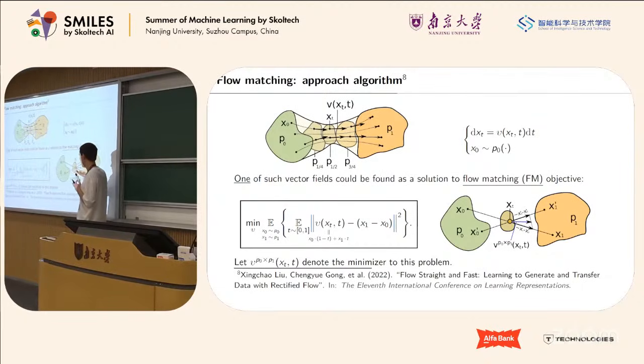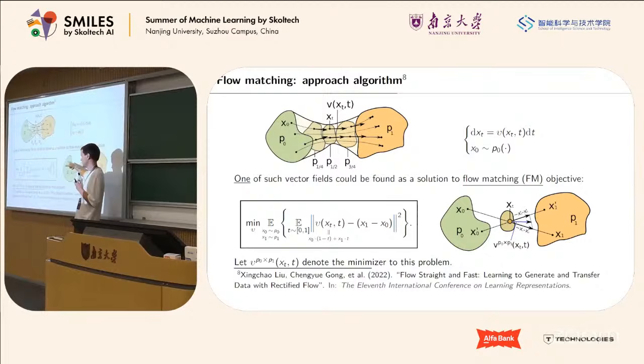In fact, the optimal solution in this regression is not the direction of this line x1 minus x0. Actually, it is a different thing because what we do, what I just said, we take some point xt and regress on this direction.